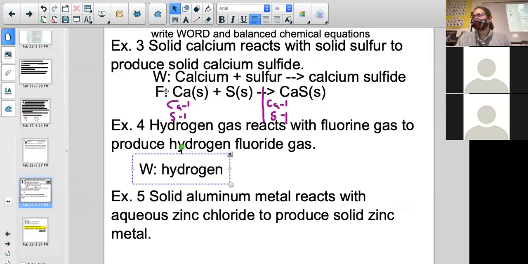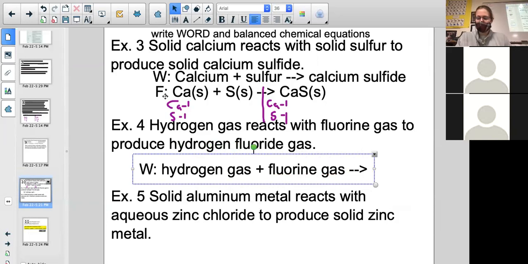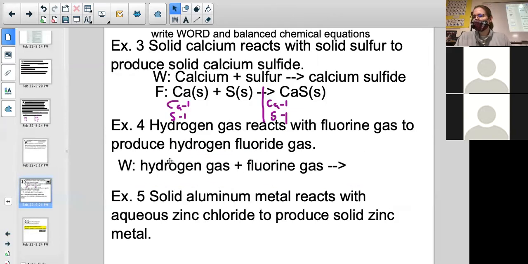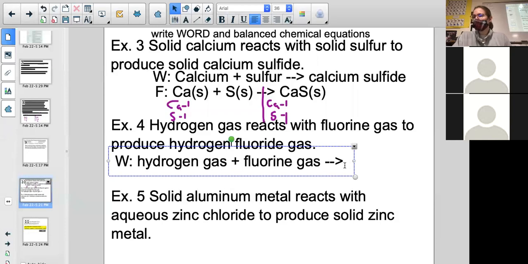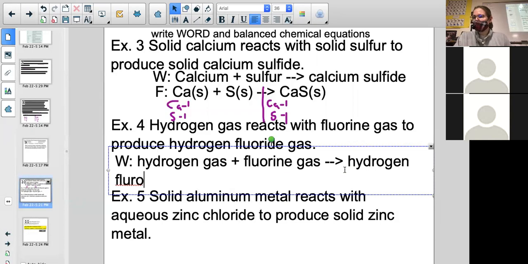Hydrogen. I'm not exactly sure if you have to write gas because it's a compound. I think you want to say hydrogen gas reacts with fluorine gas, and then an arrow, then hydrogen fluoride gas.